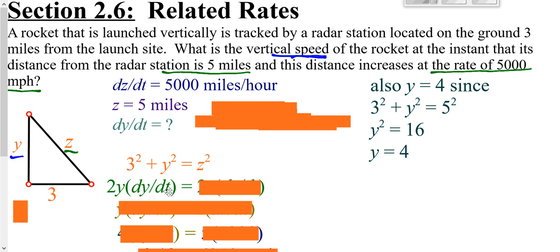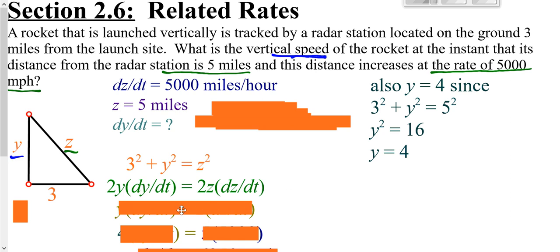We were doing dy's over dx's before. Now, instead of going with respect to x like we did in previous sections, we're going with respect to t because we're dealing with time. So exponent in front on the right-hand side, decrease it by 1. Derivative of z with respect to time.